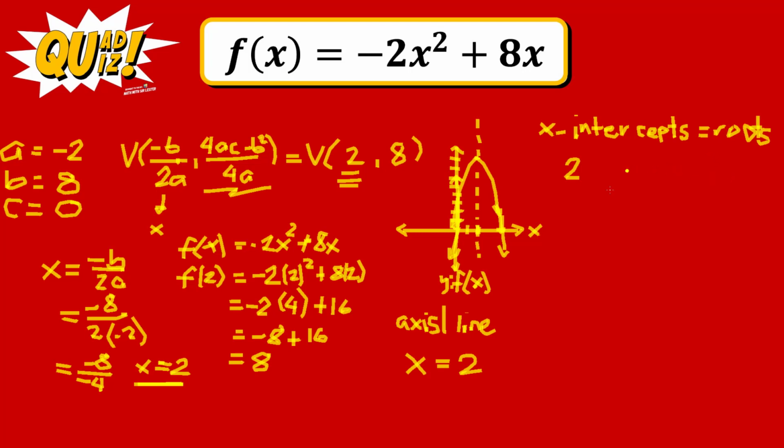Looking back at our given function, you have negative 2x squared plus 8x. Let us equate this to 0 to solve for the roots. Now let's check if we really have two x-intercepts, which we already verified during the graph. But if you remove this graph in our mind, we can still determine the number of x-intercepts by the number of roots here.